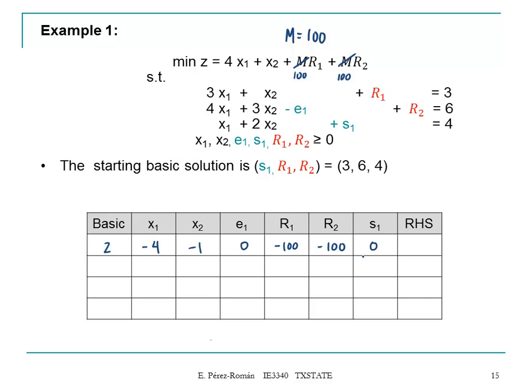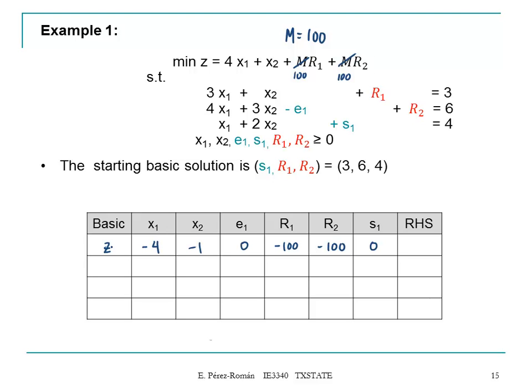Remember, we need to move all these coefficients to the left side, and that will make the coefficients negative. So this is Z, the objective function. So minus 4, minus 1, no values for the surplus, minus 100 for the coefficient of R1, minus 100 for the coefficient of R2, and no slack variables in the objective function.